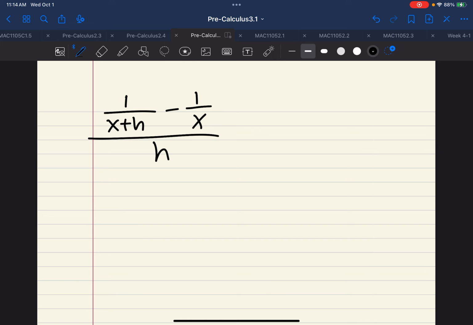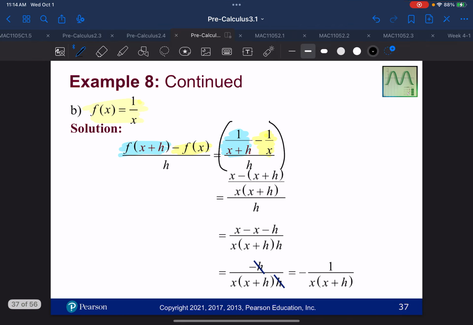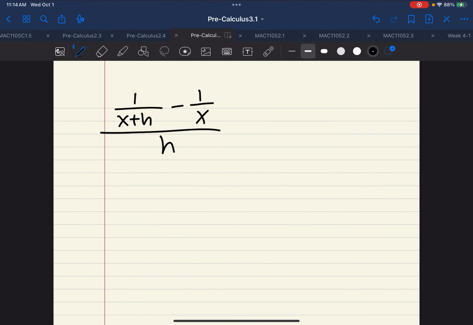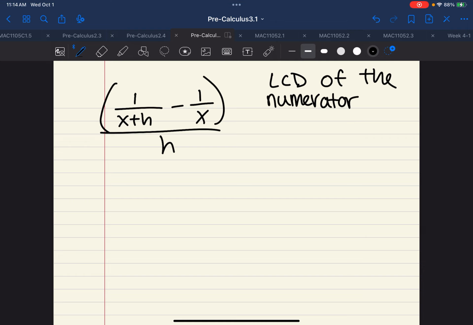Okay, so when you have multiple fractions in a fraction, you need to multiply the top and the bottom by the least common denominator. The least common denominator of the top, by the way, because the top is what has two fractions, is equal to x times x plus h.